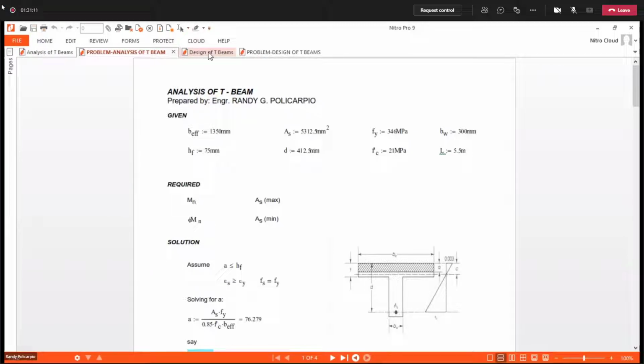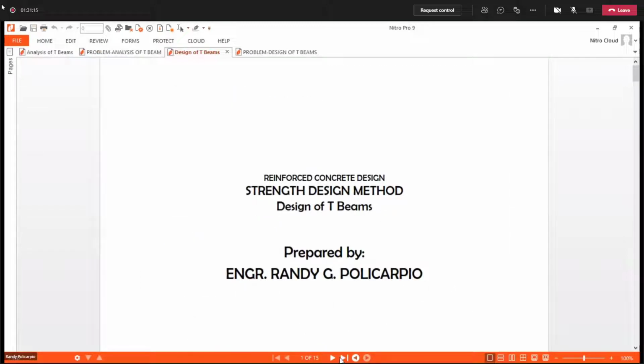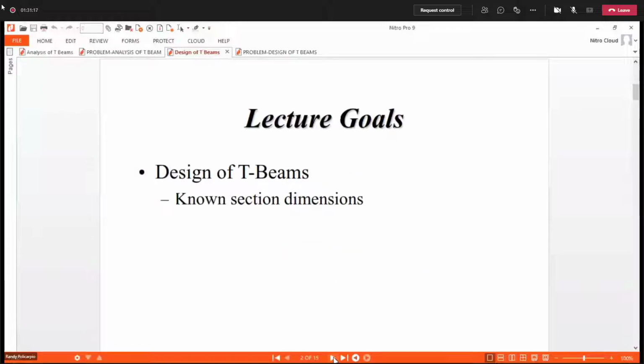Okay, so let's move on now to the design, no? Okay, design of T-beams, okay? Okay, so ito lang yung isa sa mga case na pwede nating i-consider, kapag nagdi-design tayo ng T-beams. If we have a known section dimension.